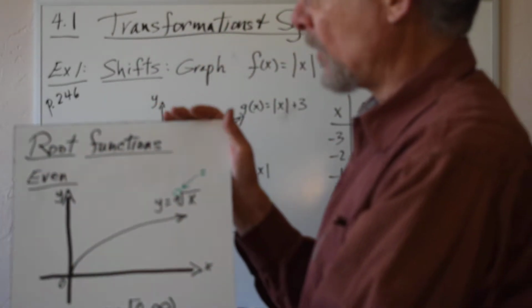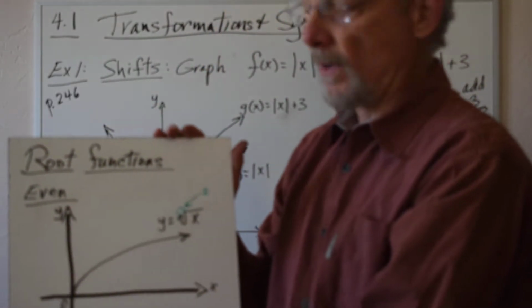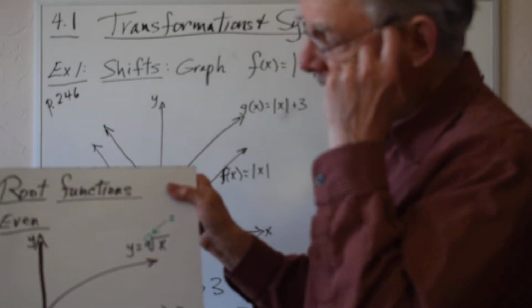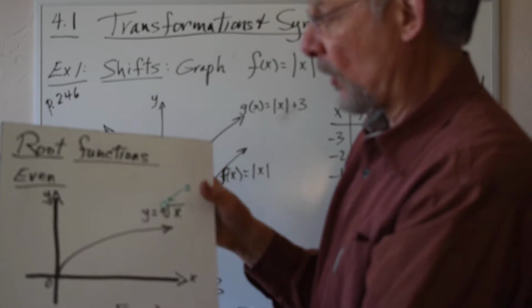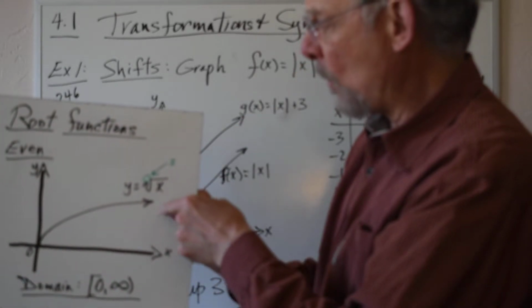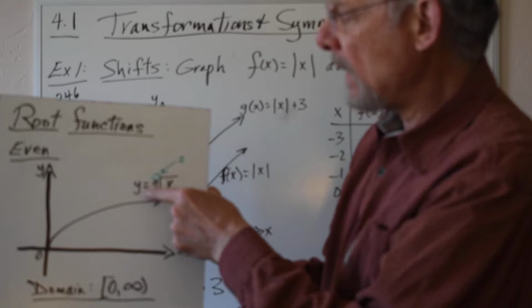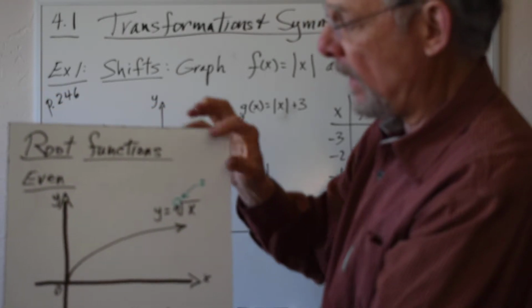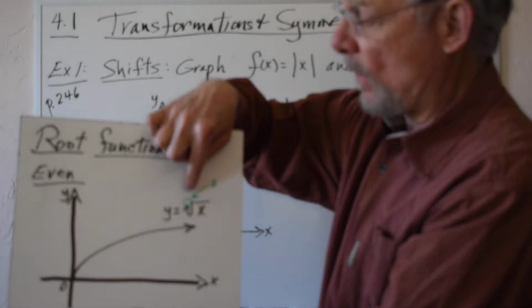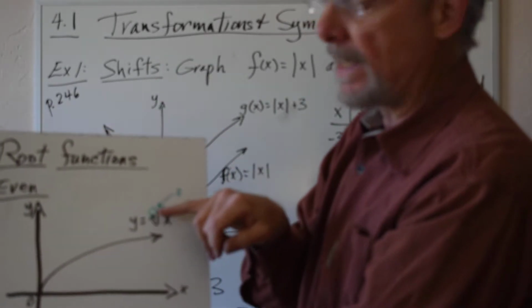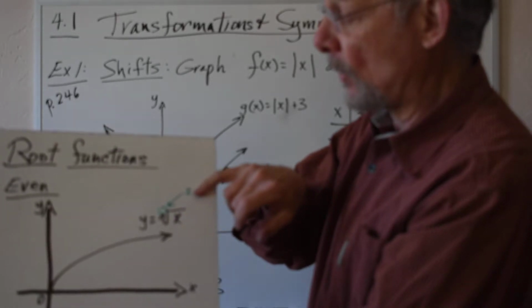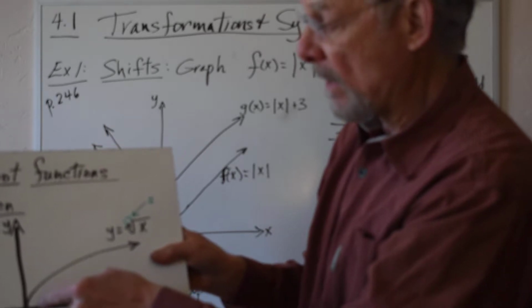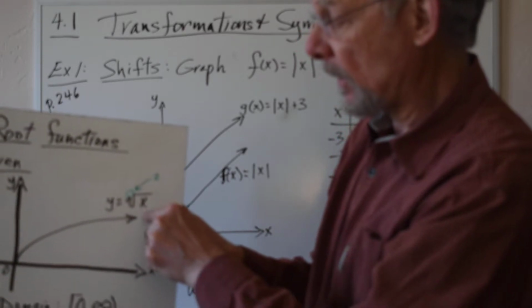Also in the toolbox, the concept of the root function is covered, and we talk about even and odd in terms of root functions. Here's a simple one which we've graphed before: y equals the square root of x. Now of course, as I've shown in the green ink here, when you don't see the index of your radical sign, it's understood to be 2. There's an invisible 2 there. So the square root of x looks like that.